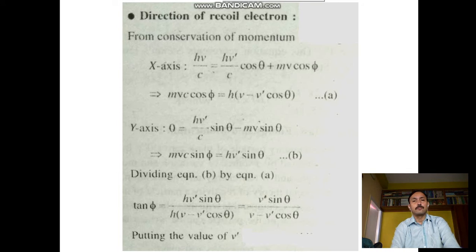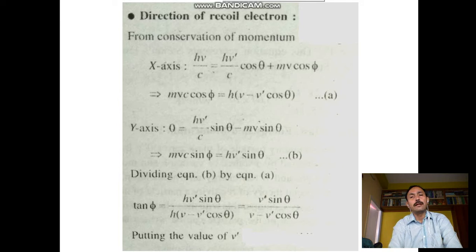Direction of the recoil electron. From conservation of momentum, we have already used this principle to calculate the Compton shift. The same principle we have to apply here.